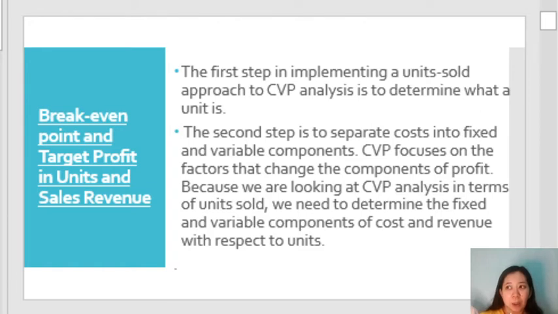In your cost management or cost control and management course, you have already learned about the different behaviors of costs. Basically, we have fixed, variable, and mixed costs.